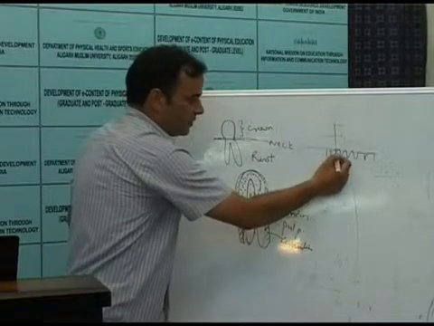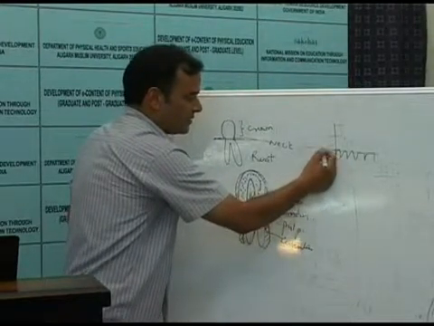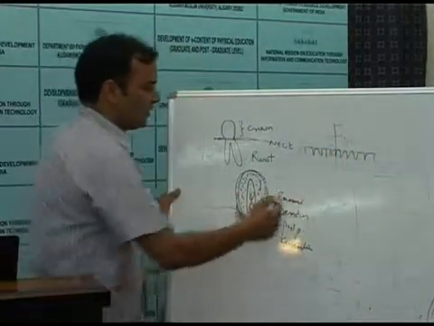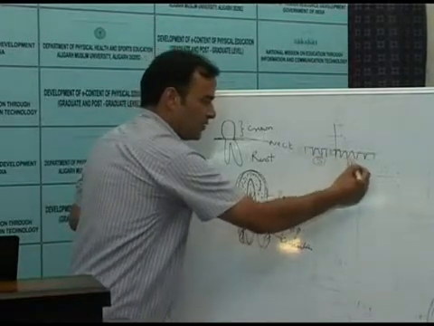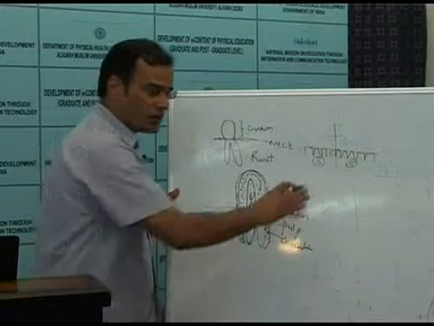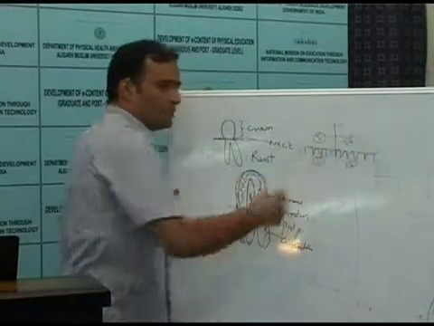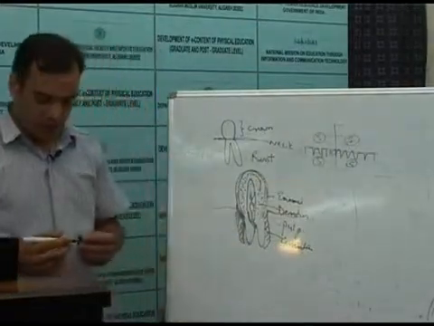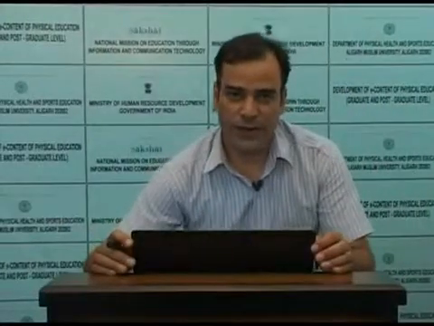Similarly, we will have the same teeth on this side: lateral incisor, canine, first premolar and second premolar. In this way, we will have 5 teeth on this side and 5 teeth on this side on the lower jaw. Similarly, 5 on the upper left and 5 on the upper right. So the total number of teeth in the child, our primary milk teeth, is 20.